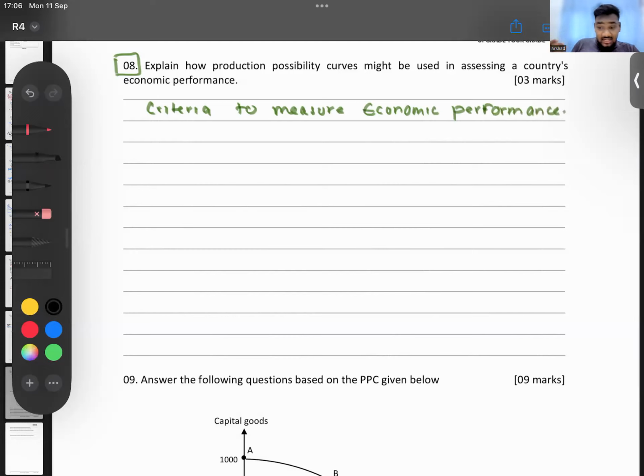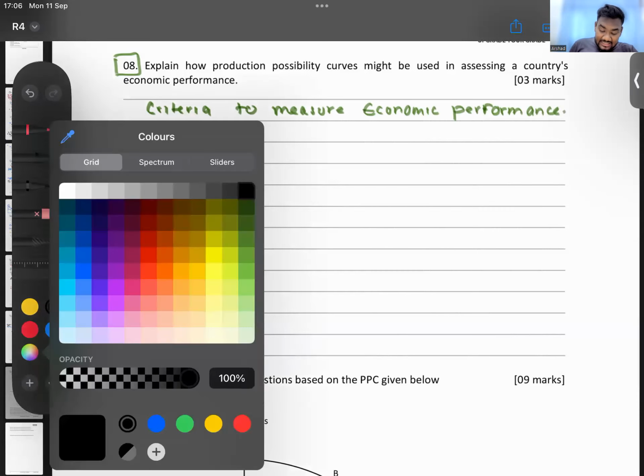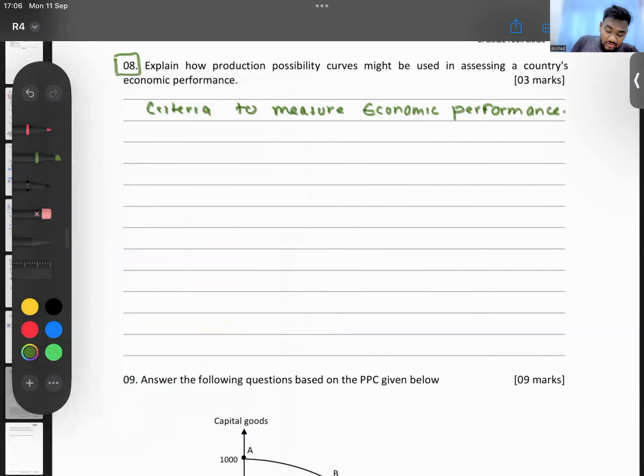One thing that you can look at is definitely economic growth. Don't you all think, guys? If the economy has grown, you can say, wow, that means the economy has been performing well. Then maybe another criteria, full employment.